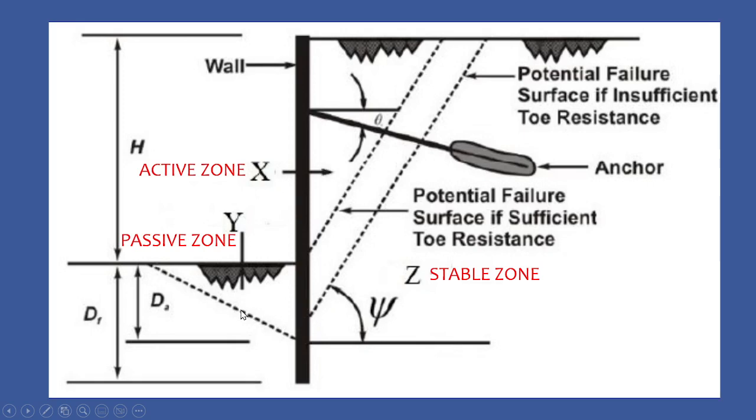Here, due to the confinement, we'll have passive pressure, and these are the failure surfaces, and below the failure surfaces we'll have the stable zone. If there isn't enough toe resistance, this will be the potential failure surface, and if there is sufficient toe resistance, this will be the failure surface. So we'll have the stable zone, this is the active zone X, and Y will be the passive zone.